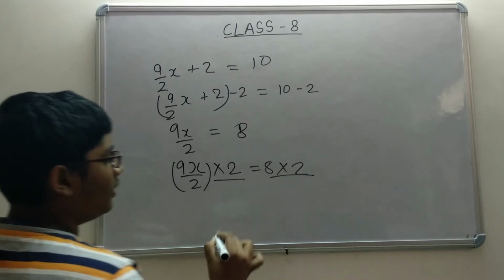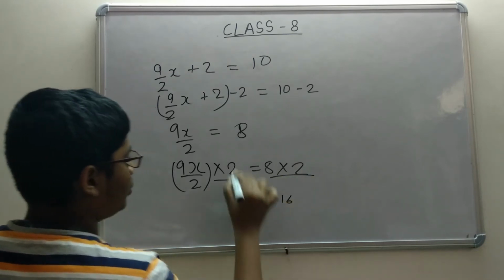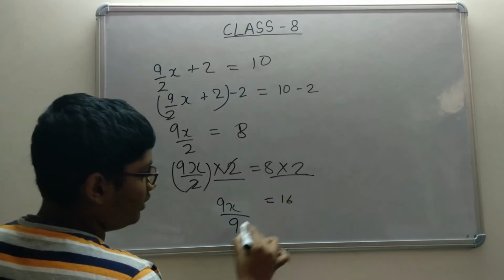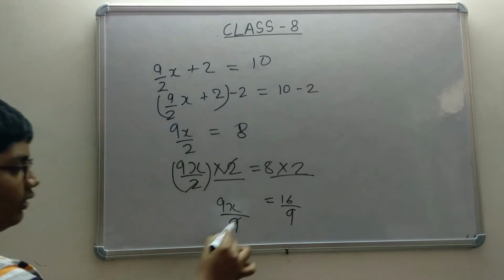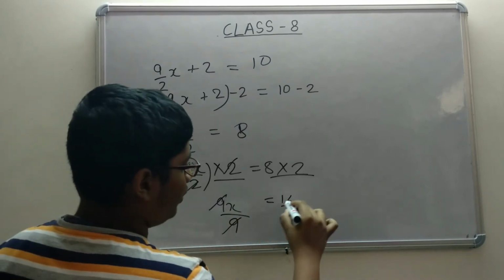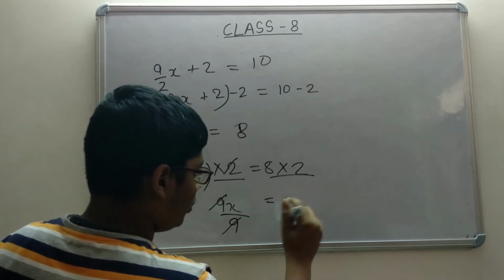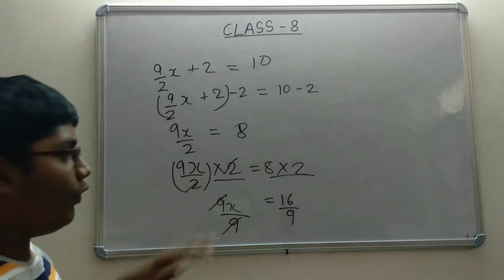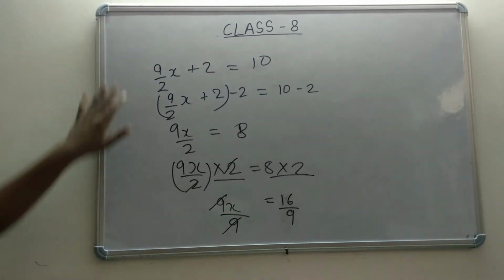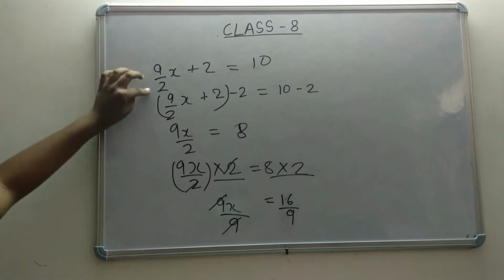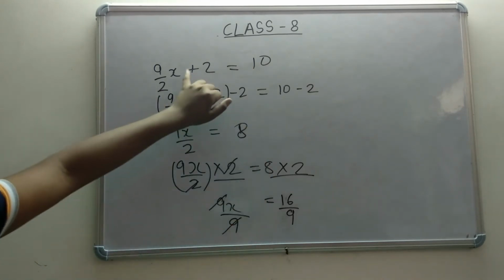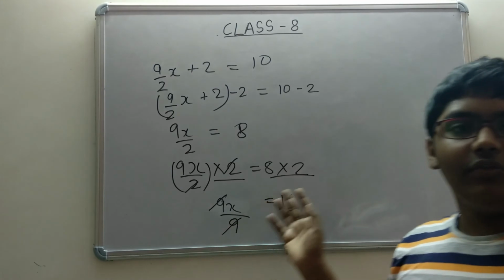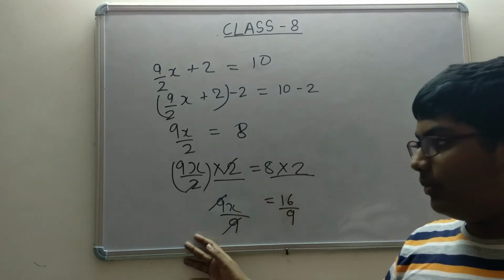Multiplying 2 on both sides, we get 16 is equal to 9x, as the 2 gets cancelled. Now dividing by 9 on both sides, this will get cancelled and this will not, so you get 16 by 9. This is what you got finally, 16 by 9 as the value of x. So what did it say? 9 by 2 into 16 by 9 plus 2 is equal to 10. This is how you will solve the questions of our first exercise on linear equations in one variable.